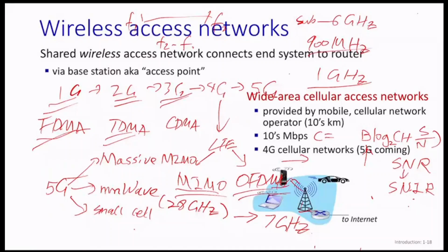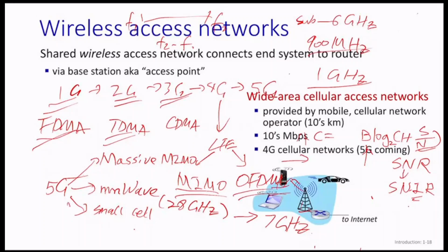That means one base station provides service in a small range, maybe like 700 meters, compared with the previous 1 to 10 kilometers. If we do that, it can reduce the N, the interference. And if we reduce N, we can also increase the internet speed.